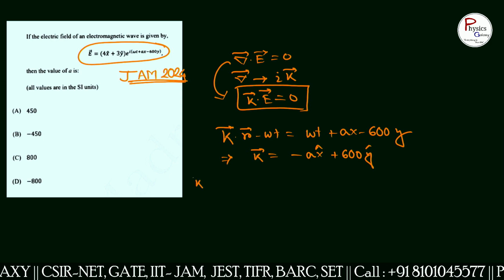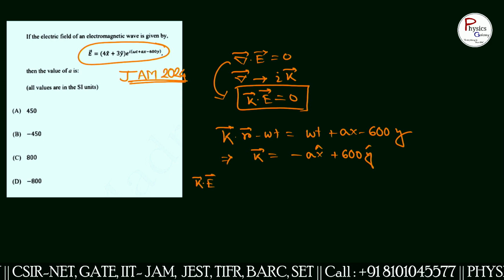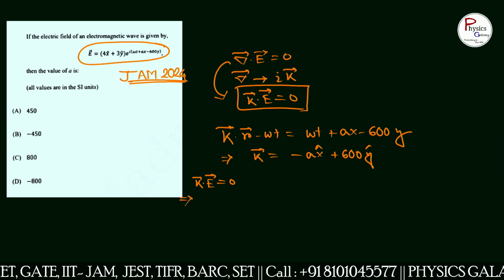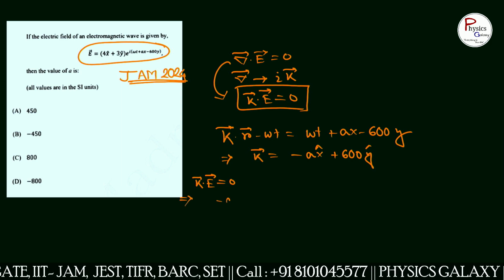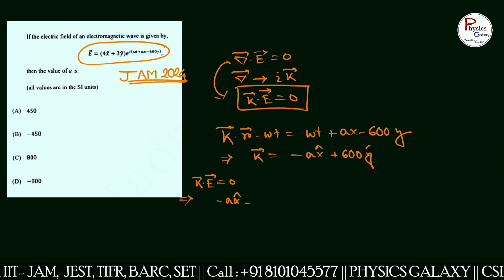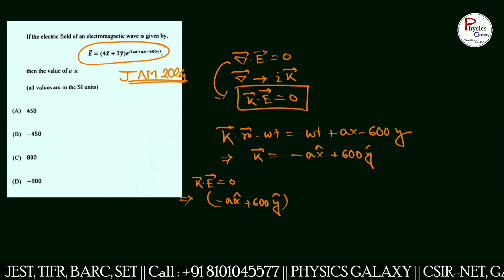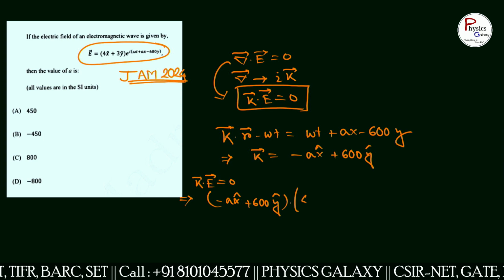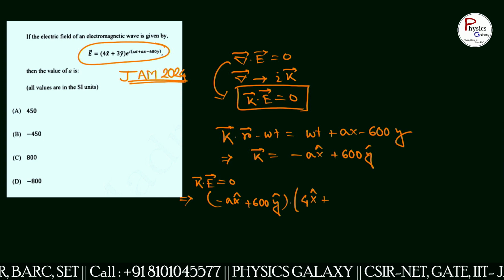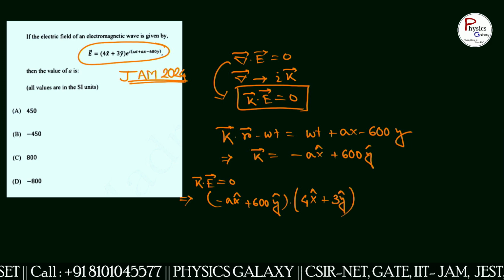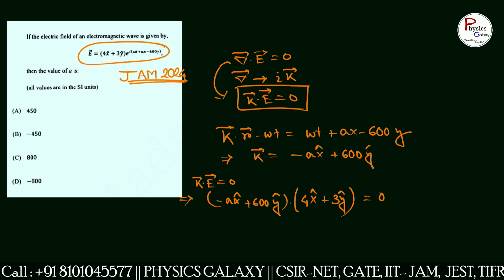So k dot E equals to 0. Now put the k and E values, we get minus (ax plus 600 y) dot (4x plus 3y) equals to 0.